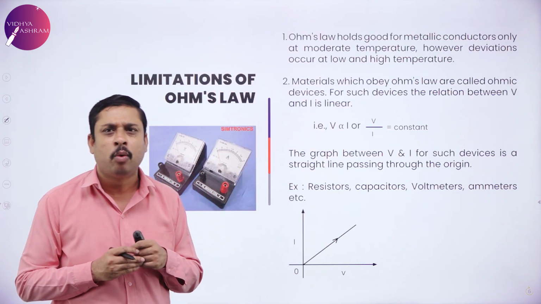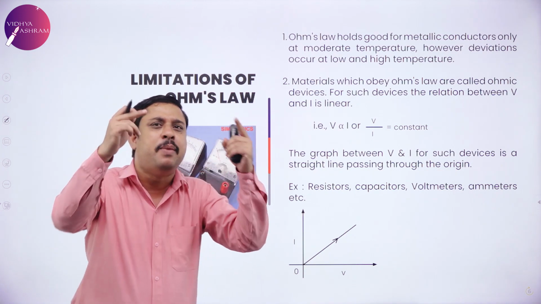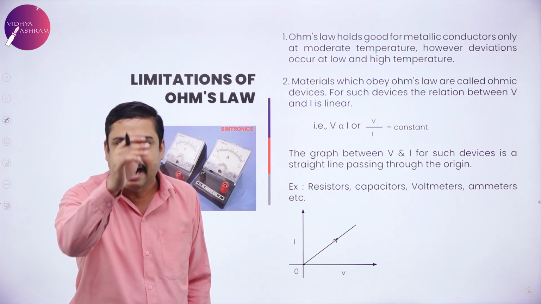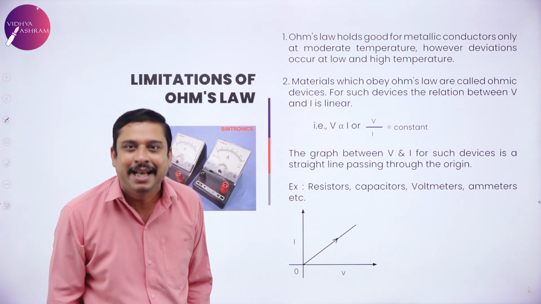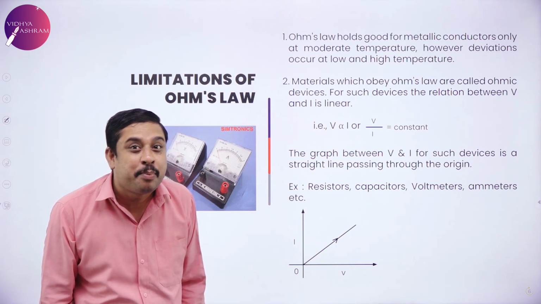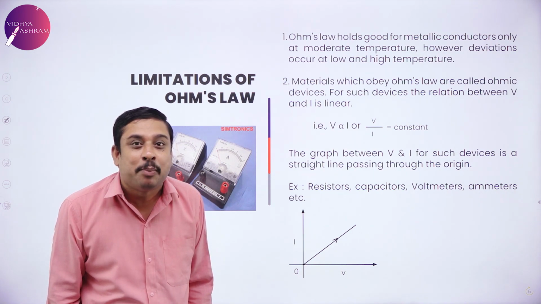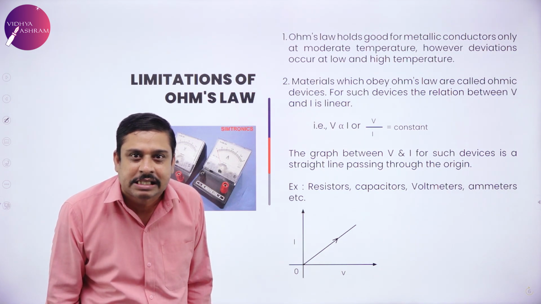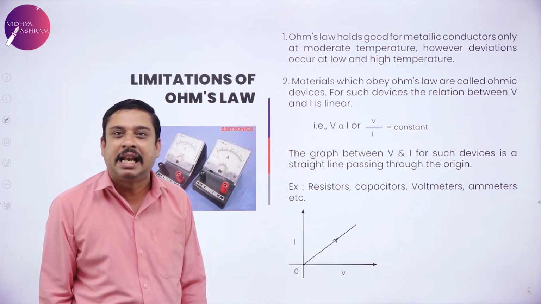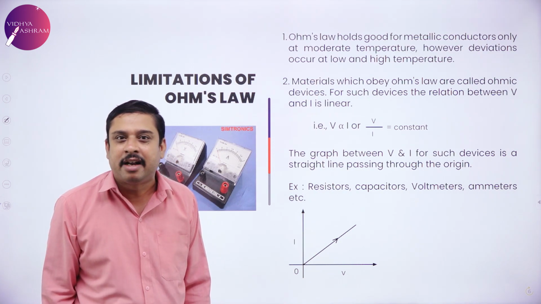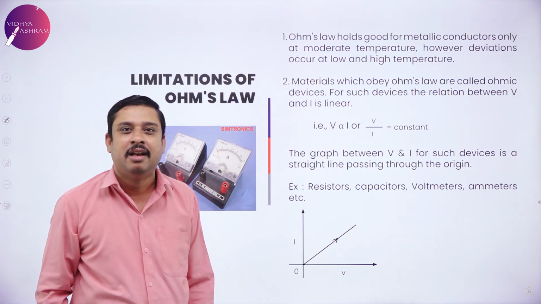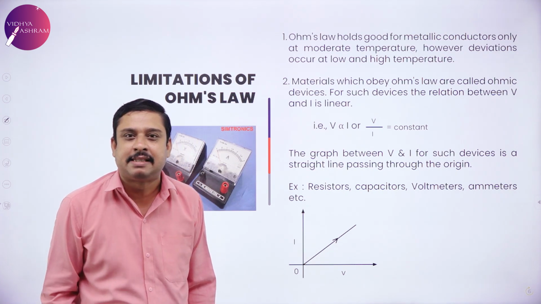Now, what was the statement of Ohm's law? Recall a little, what did we say? Current flowing through any conductor should be directly proportional to the potential difference, provided temperature and other physical conditions remain constant. So I made a revolutionary statement there, saying the limitation is well established.